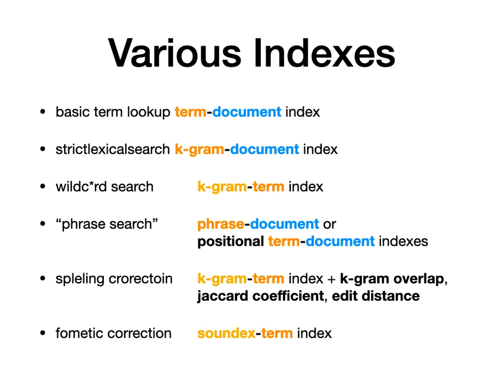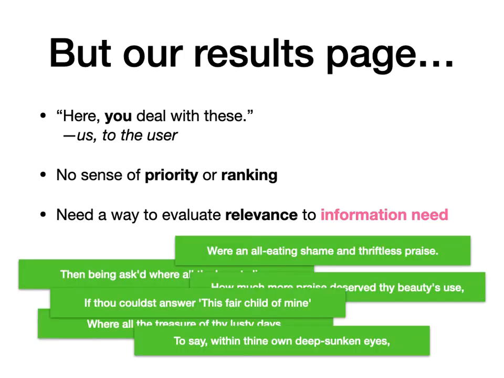A handful of features that we're able to offer. But when it comes down to it, our results page so far is only ever going to be able to just say, here, you deal with these, right?